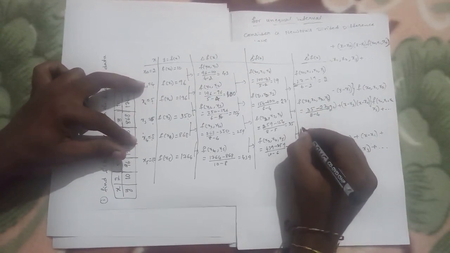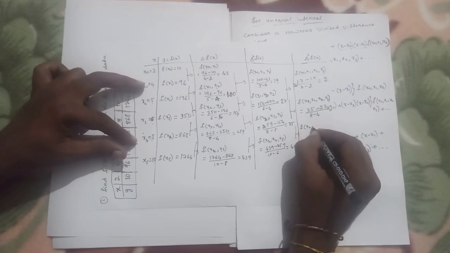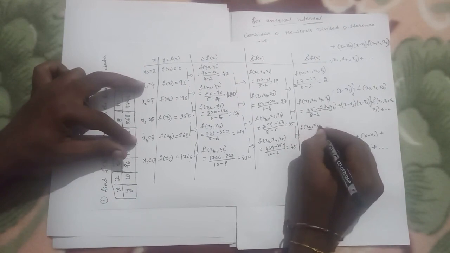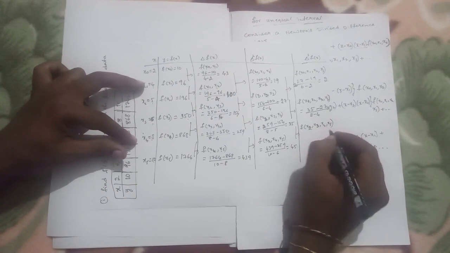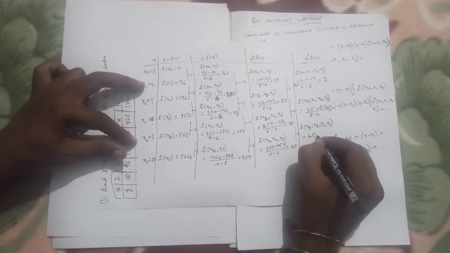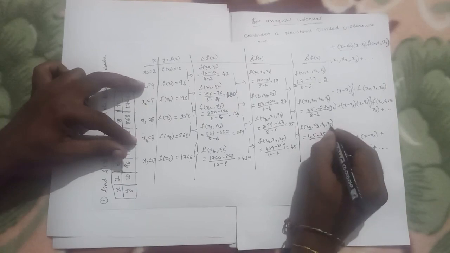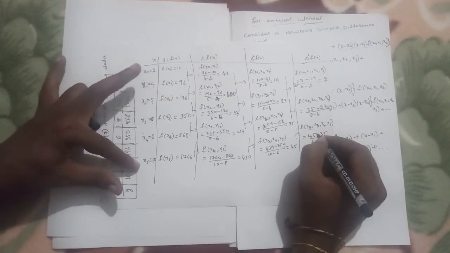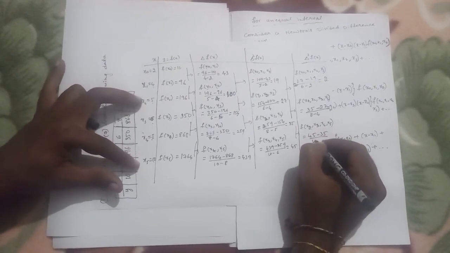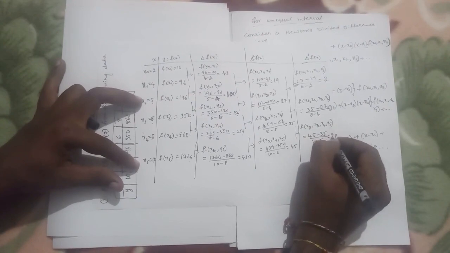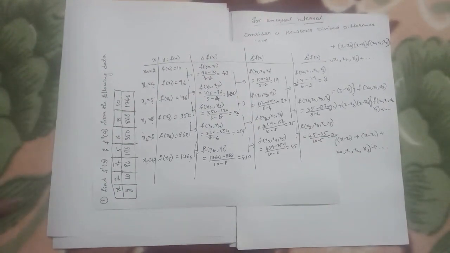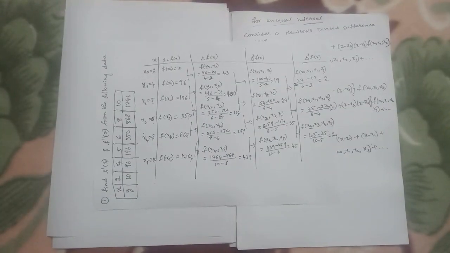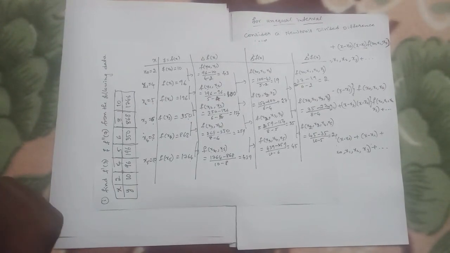And here last difference, f of x2, x3, x4, x5 equals 45 minus 35 divided by x5 minus x2, 10 minus 5, so you will get 2. So all are same, so no need to find out the next difference, because next difference will be 0.